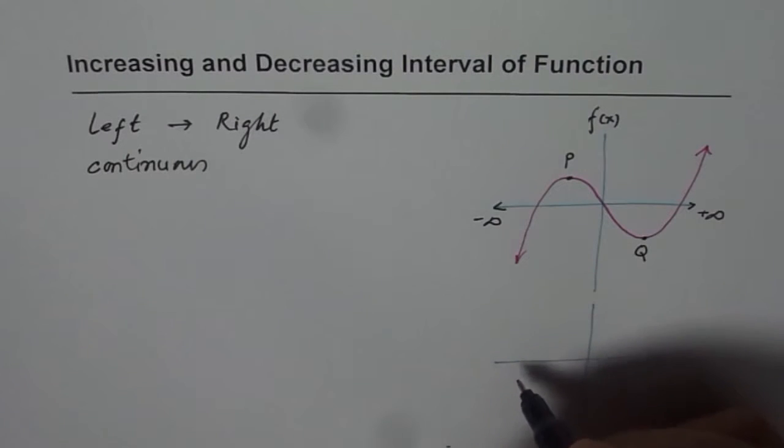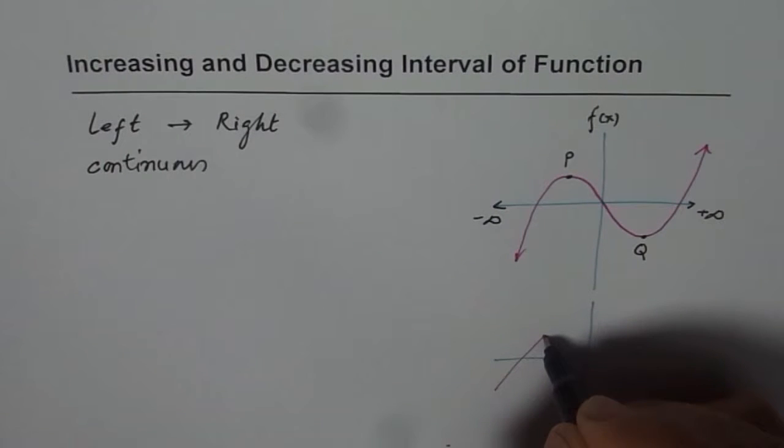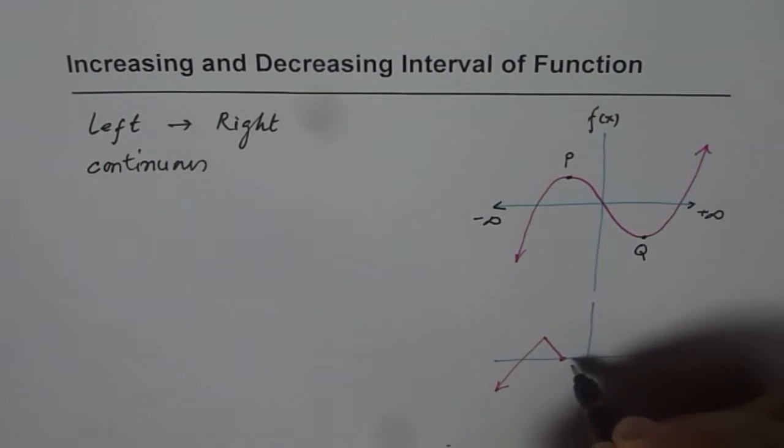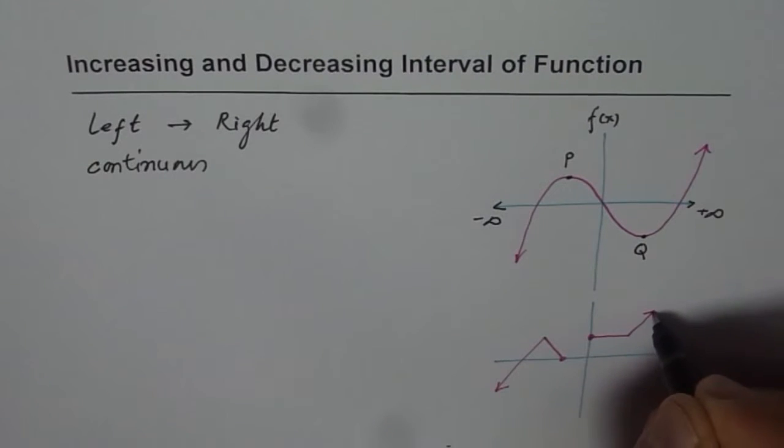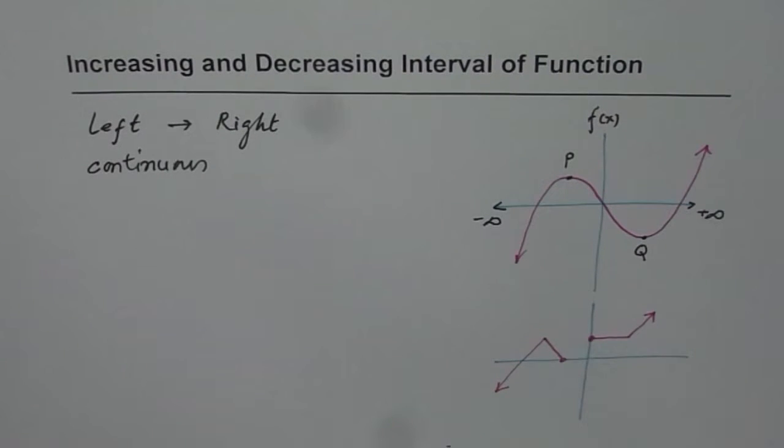Let us say we have a function here which is kind of like this, and is discontinuous at a point, and then again it is kind of like that, right? So if we take a function which is discontinuous, then we have to take into consideration the point of discontinuity also.